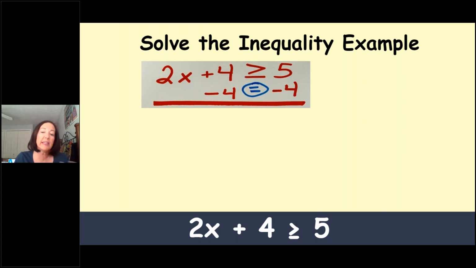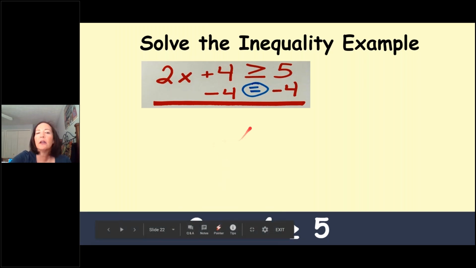The easiest thing for me to simplify on this problem is that plus 4. My left side is very messy, 2x plus 4. The easiest thing for me to get rid of was that plus 4. So I'm going to do the opposite of that. I'm going to say minus 4.